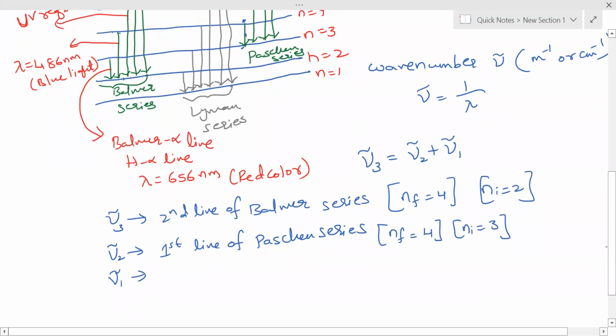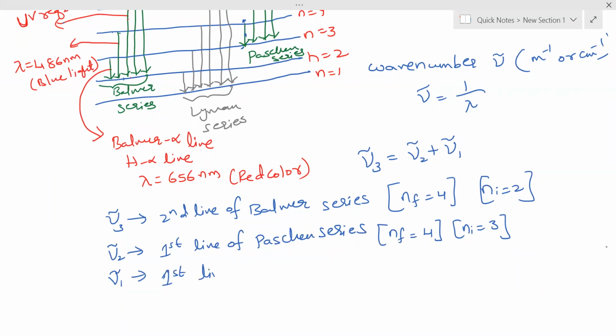So it is the first line of the Balmer series, in which NF is 3 and Ni is 2.